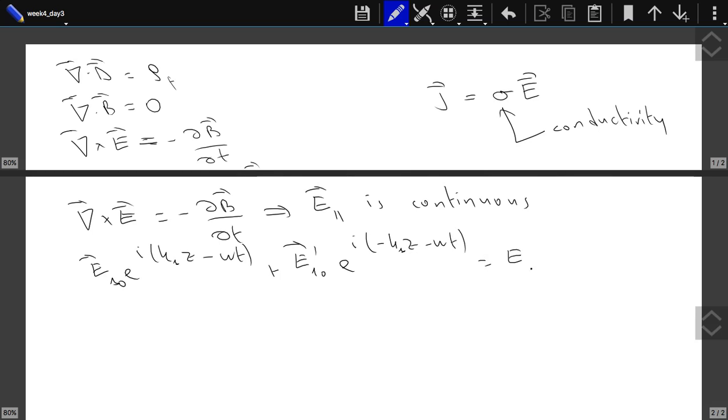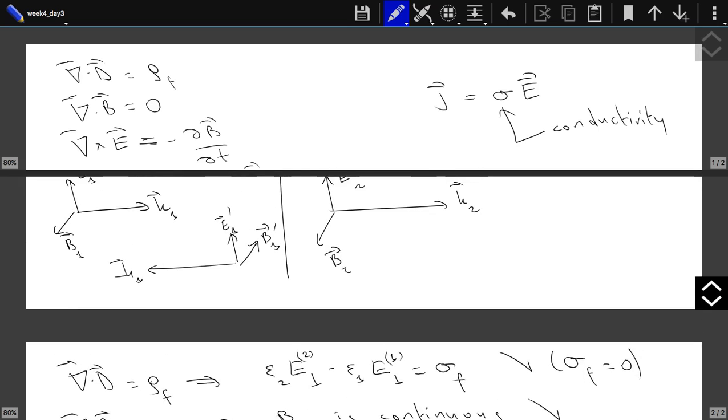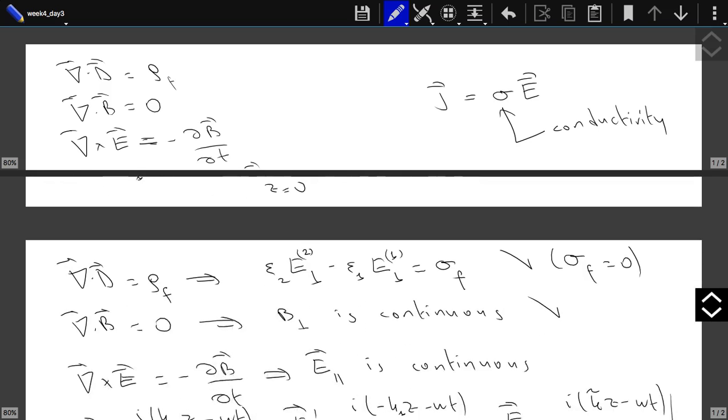This should be equal to E2 0 e to the power i(k tilde z minus omega t). This should be valid at z equal to 0. That is my surface, my interface. This is the z equal to 0 surface.